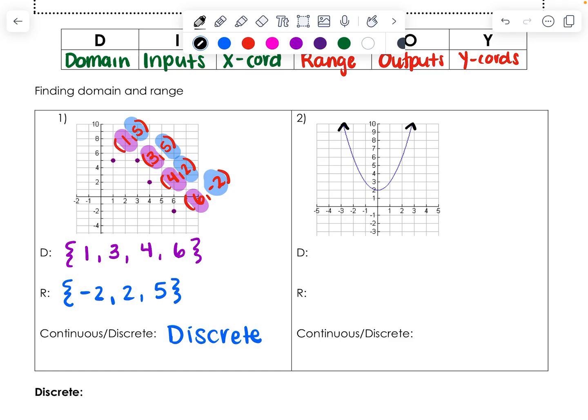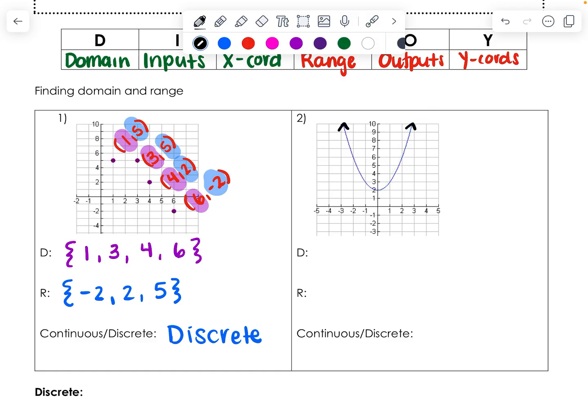When we talk about our domain, our x values go from left to right. So when we're looking at our x values for a continuous function, we're looking to see, as this graph expands, is it going to keep going to the left? And the answer is yes. As it expands, it's also going to keep going to the right.